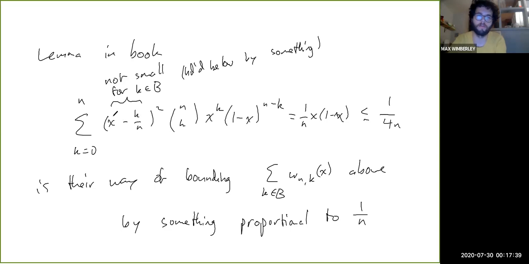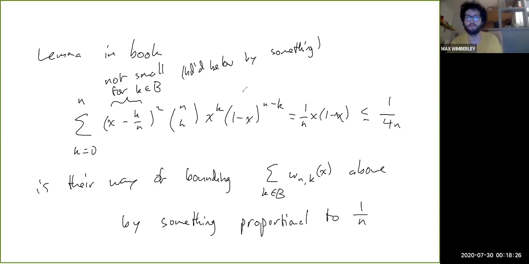If you replace this with a lower bound and then divide by the lower bound, the series of W_{n,k}(x) will be less than or equal to 1 over 4n times the lower bound.